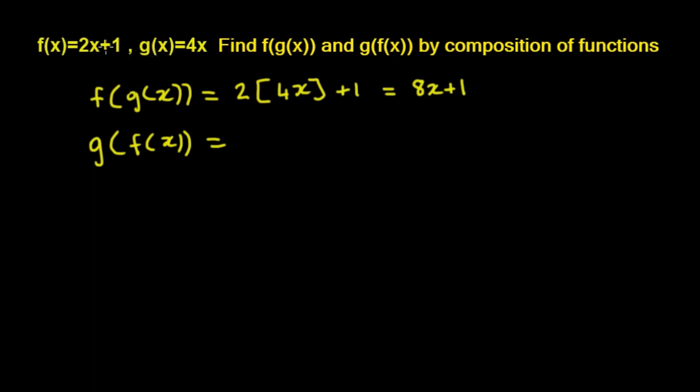So we're going to replace this into g. So everywhere we see an x in g, we replace it with 2x plus 1. So that's going to be 4 times 2x plus 1. That's going to be 8x plus 4.